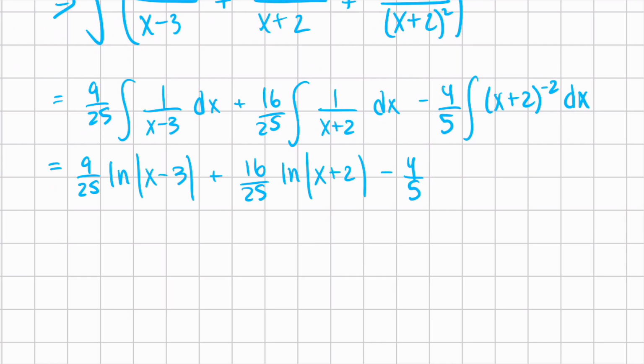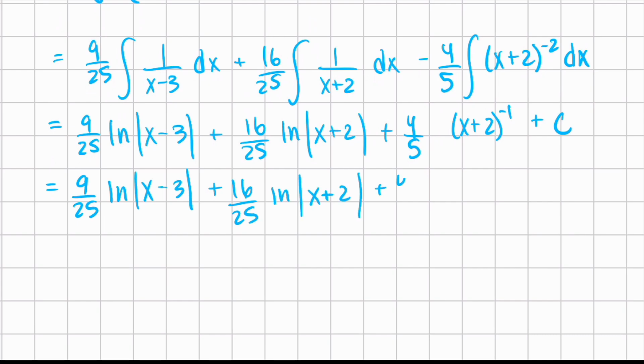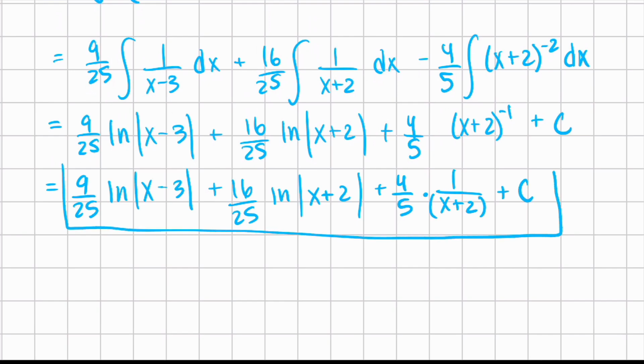For this last integral, when I plug back in for u, I have x plus 2, increase your exponent, multiply by negative 1, so I have positive 4 over 5 plus C. And we do not want a negative exponent in our answer, so I'm going to rewrite it. And there is our answer.